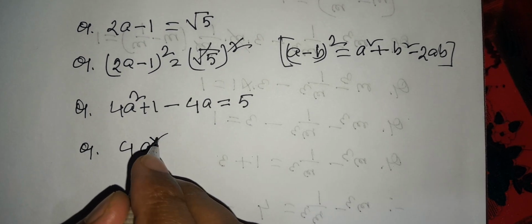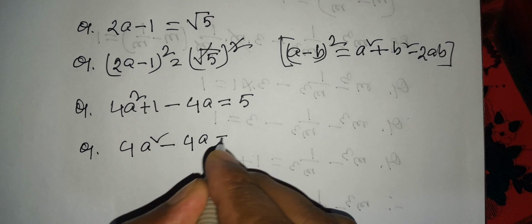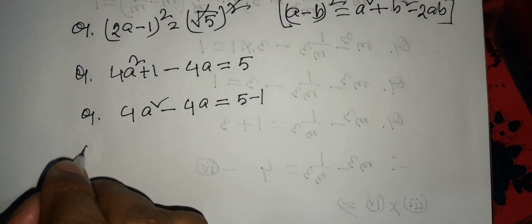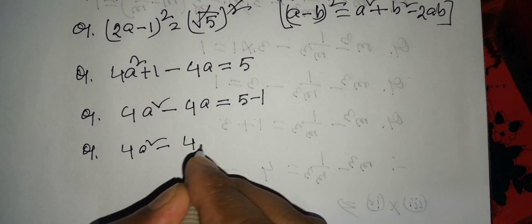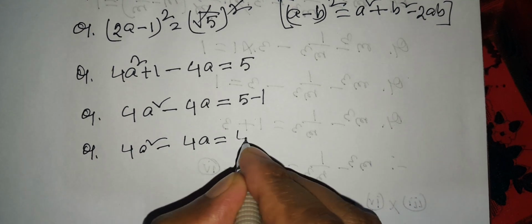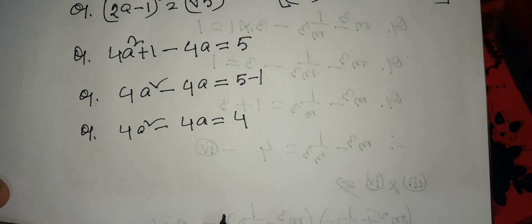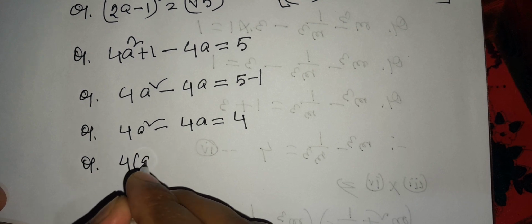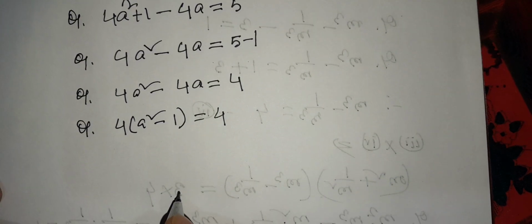So we can write 4a square minus 4a is equal to 5 minus 1. 4a square minus 4a is equal to 4. Now we take 4 common on the left side, and it is equal to 4. We get a square minus a is equal to 1.